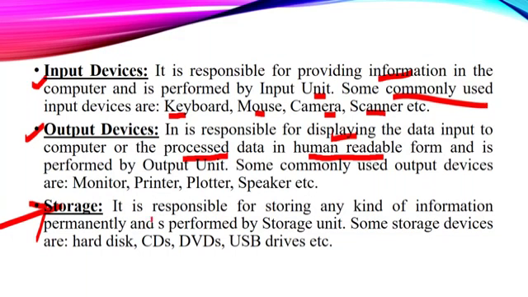This storage device is responsible for storing our information permanently, and this task of storing the files or data is performed by the storage unit. Some most commonly used storage devices are hard disk, CD, DVD, and USB drive. We have some others, like memory cards and SSD drives. All of these are examples of storage.